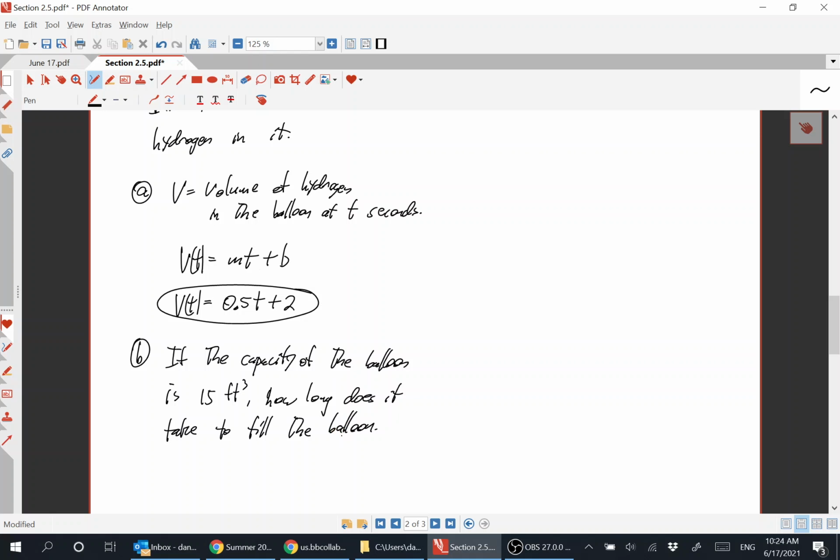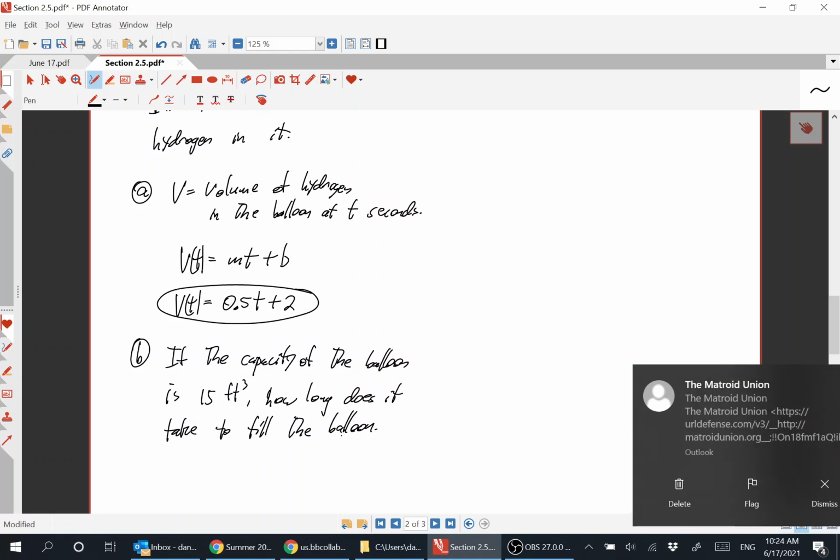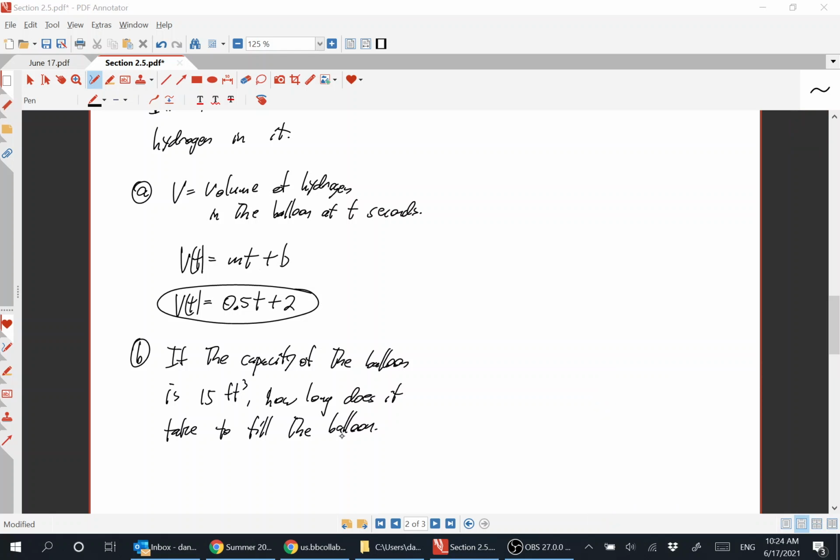So when dealing with questions where quantities have labels, right? T, the label is seconds. V, volume, the label is feet cubed. And then rate of change of V is feet cubed per second.